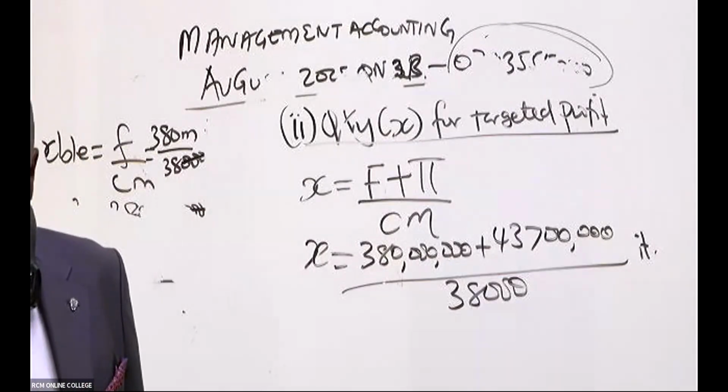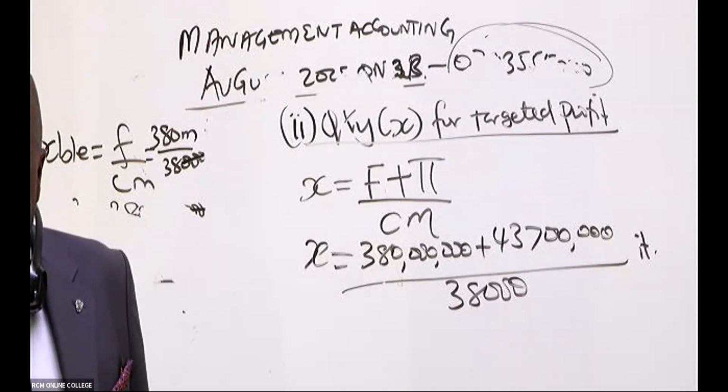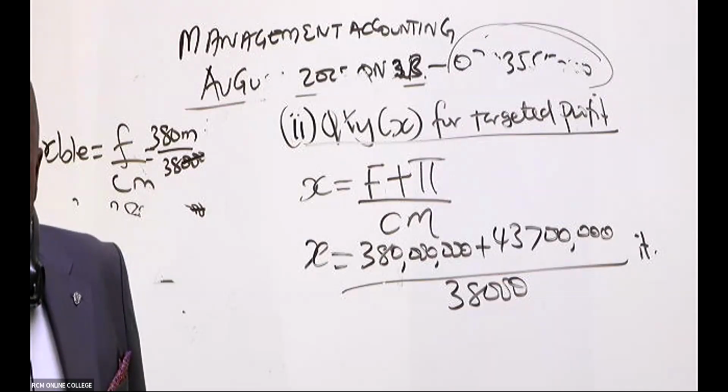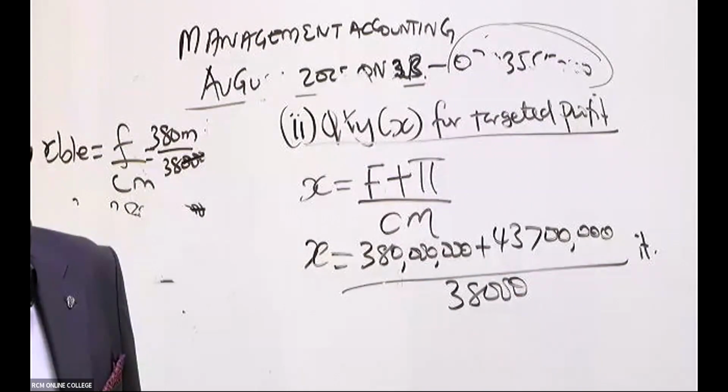From the solutions given by your examiners, if I read it for you, in terms of the number of guests we need to get that 43.7 million, is there somebody who is able to get 11,150 guests?